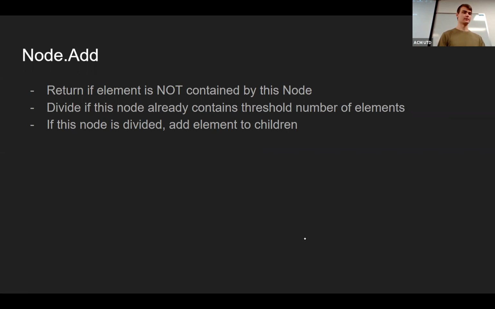Now, that's an if statement. If our current number of elements equals threshold, then we divide. After we do that, if the node is divided, which could have just happened, then we add our element recursively to all of our children.